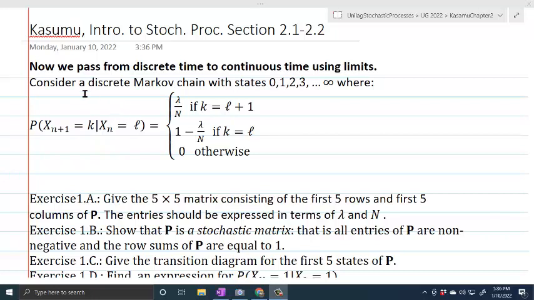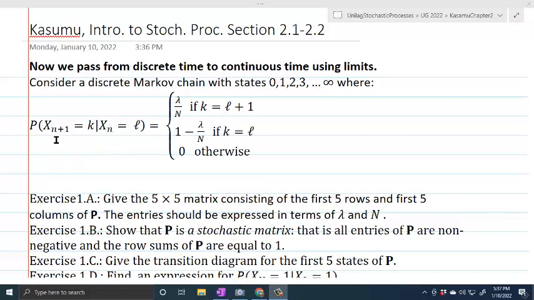For example, here is a discrete Markov chain, similar to what you saw in chapter 1. In this case, my discrete Markov chain has an infinite number of states numbered from 0 to infinity. Here are my transition probabilities.